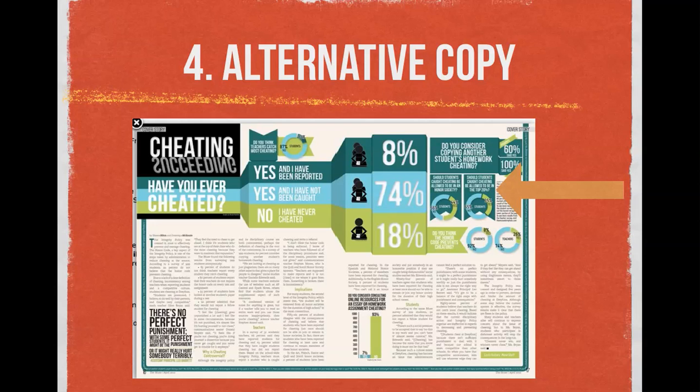We also see in this spread, of course, plenty of text, but the alternative copy or a storytelling device helps us to look at the story in a different way. In this case, it's a graphic about cheating, the percent of students that have been caught or haven't cheated. And we can learn more about the story through this visual representation of alternative copy.